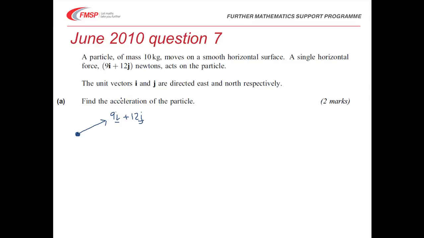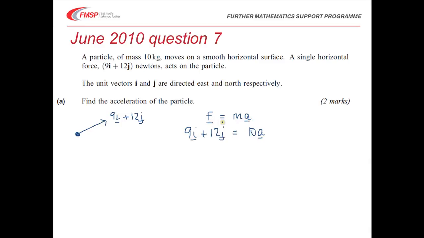It is a smooth surface, so the only force that is actually acting on it that will create this acceleration is 9i plus 12j. So we're going to use F equals ma, Newton's second law, where the force is 9i plus 12j. The mass, we're told, is 10 kilograms, and we're asked to find the acceleration.